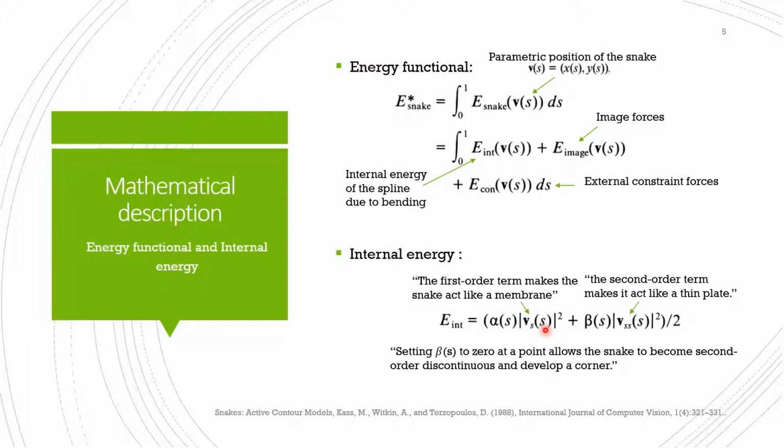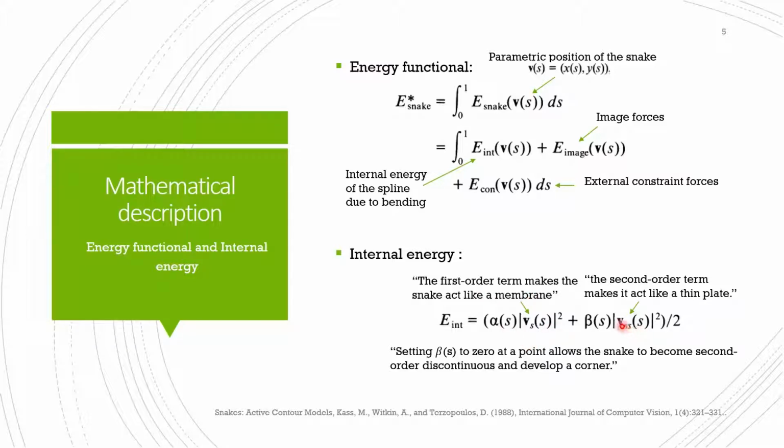If s1 and s2 are far apart, the distance between them is too much, then as the distance increases, this Vs term's amount will become more, and that will make the internal energy increase. So that's why this term takes care of continuity of the snake. It acts like a membrane. It's like elasticity of the snake.